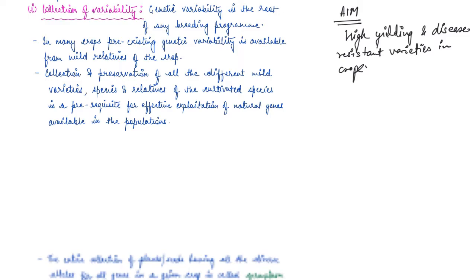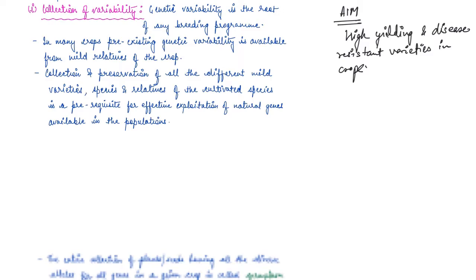Genetic variability is the root of any breeding program. First, you have to select the best genetic variable of a plant, right? In many crops, the pre-existing genetic variability is available from wild relatives of the crop.